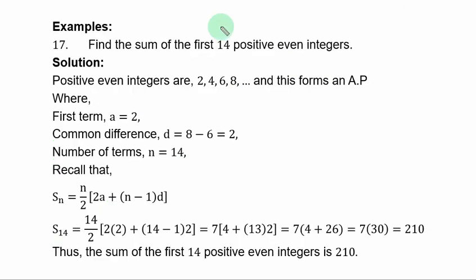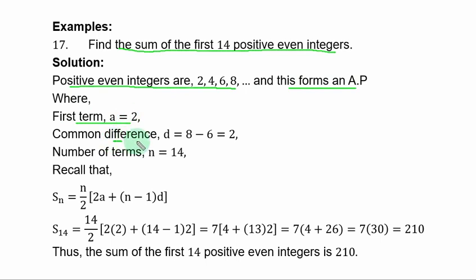Example 17. Find the sum of the first 14 positive even integers. Solution. Positive even integers are 2, 4, 6, 8, and this forms an AP where the first term a is equal to 2.